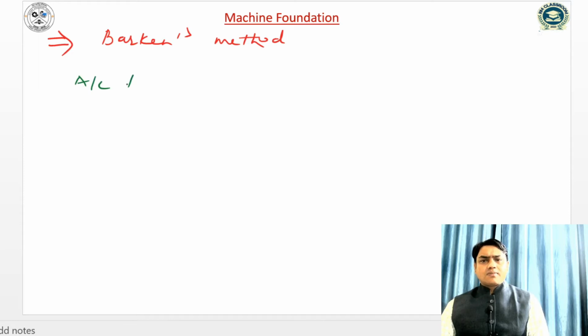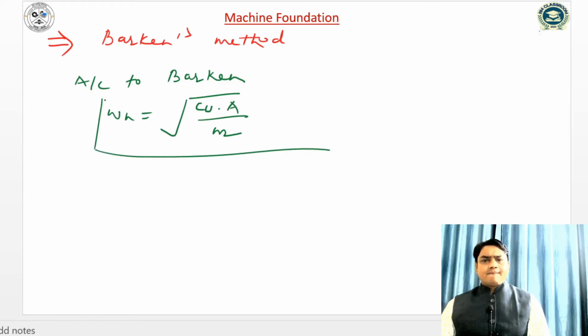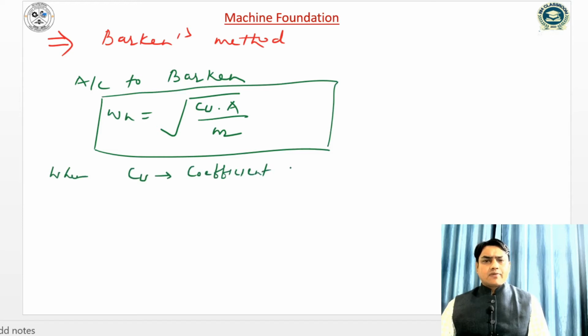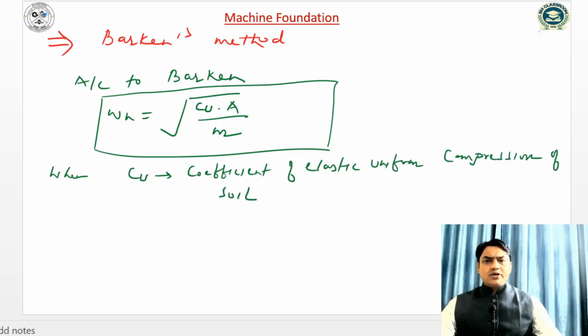According to Barken, omega n is equal to square root of Cu into A divided by M, where Cu is the coefficient of elastic uniform compression, and A is the contact area of foundation with soil, and M is the mass of machine plus foundation.